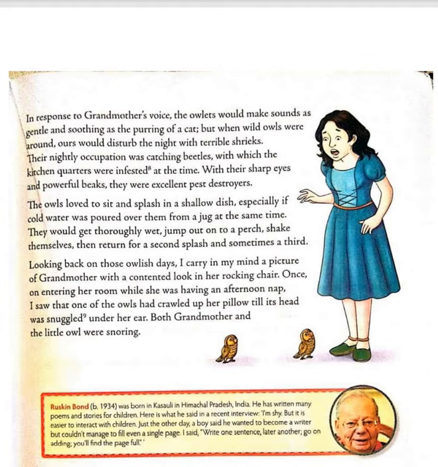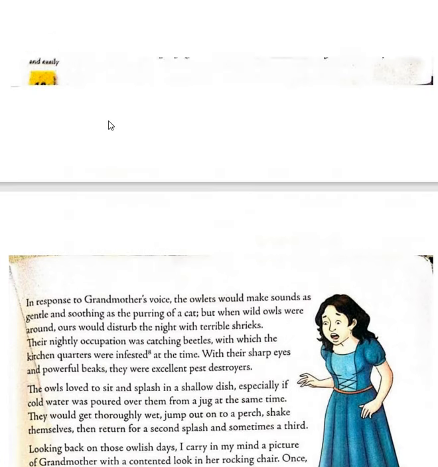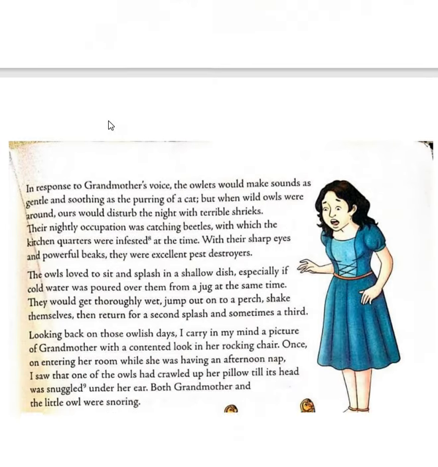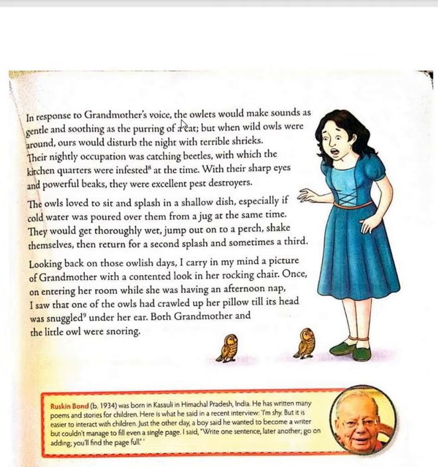In response to grandmother's voice, the owlets would make sounds as gentle and soothing as the purring of a cat.